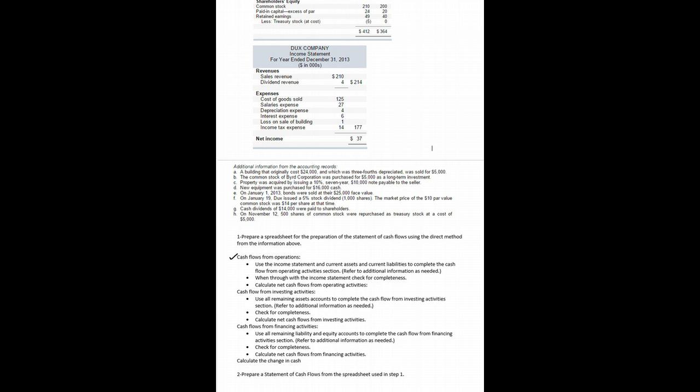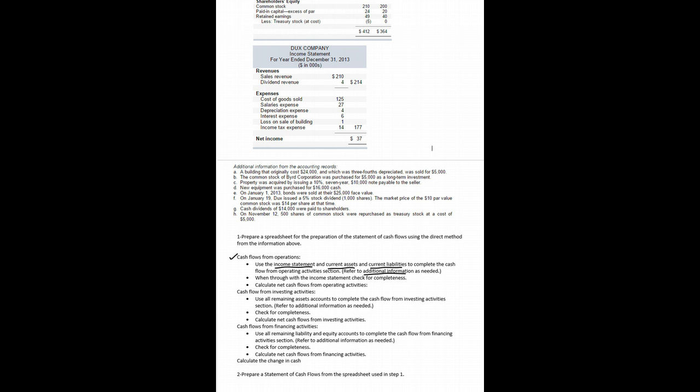Recall from previous discussions that things that affect operations are all the income statement accounts and the current assets and the current liabilities. Although there are a few exceptions to this, we won't incorporate those into this illustration. We might need to refer to additional information as needed if we have any gains or losses that need explanation.